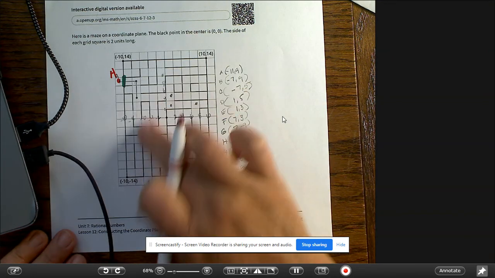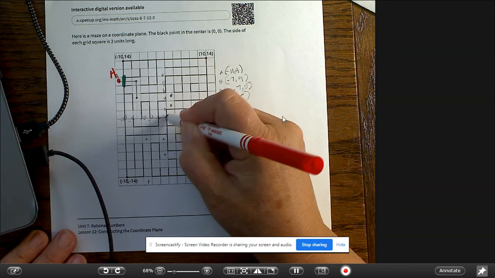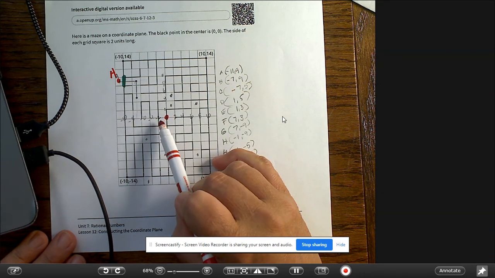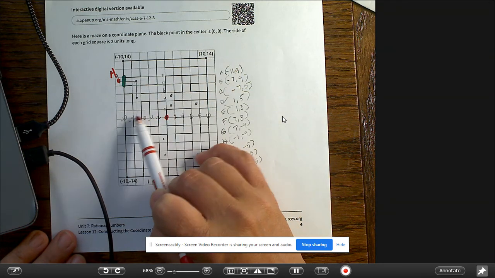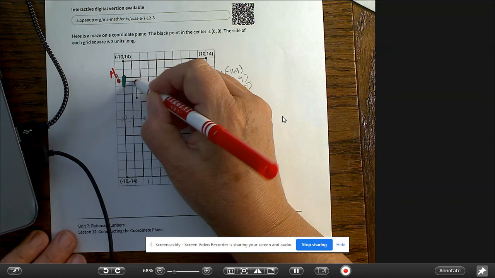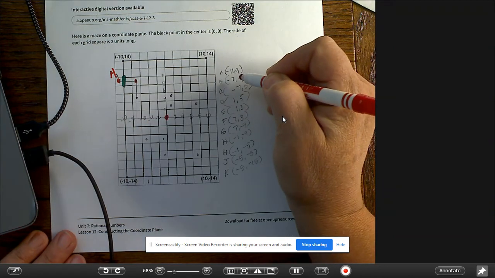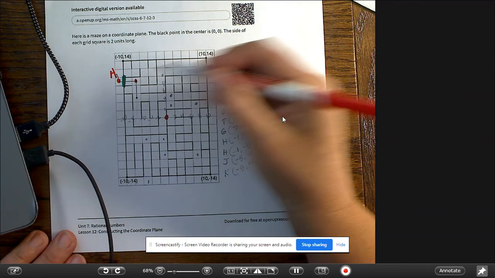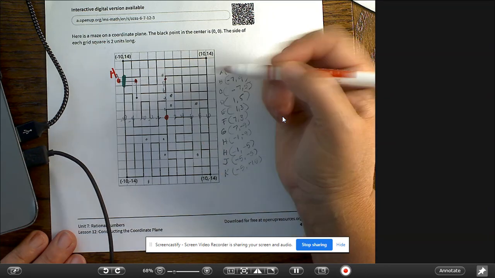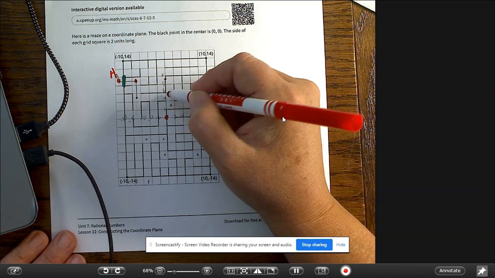And then B is going to be negative 7. So if this is the origin here, they're counting by 2's, negative 2, 4, 6. So this would be negative 7, and a positive 9 because you're going up and it's in between the two. So this is 2, 4, 6, 8, 10.